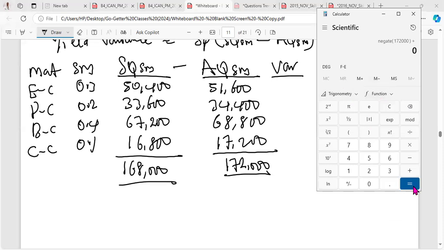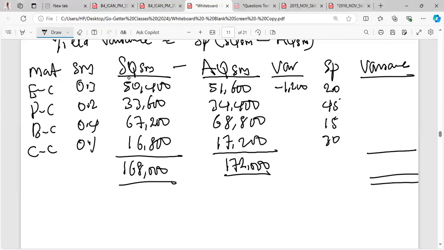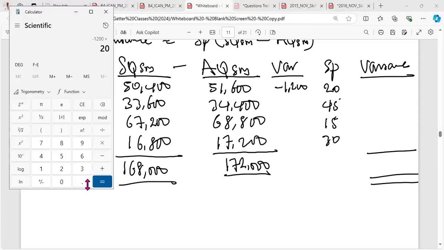I want to clear this. All right, 50,400 minus 51,600 gives you minus 1,200. So minus 1,200 multiplied by 20 gives you 24,000 adverse.